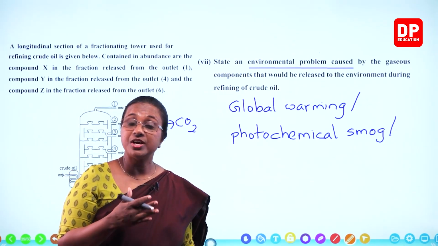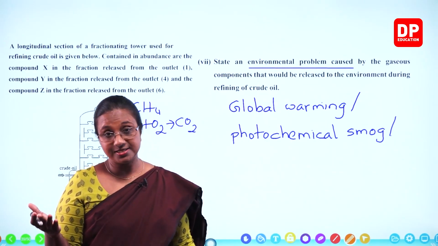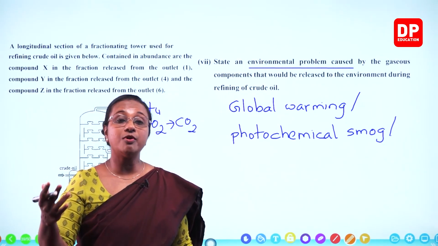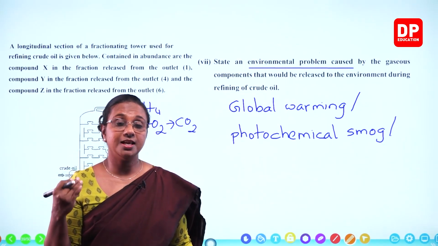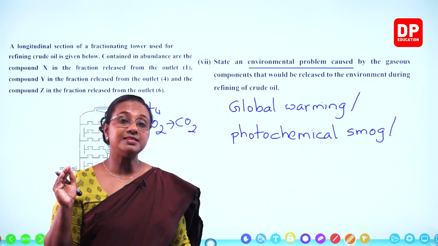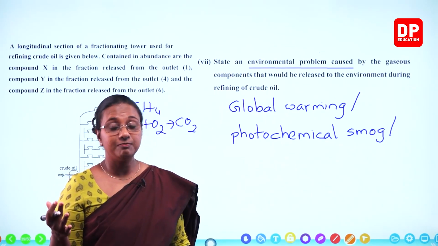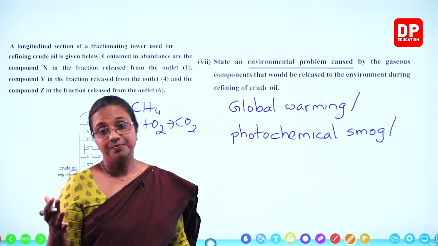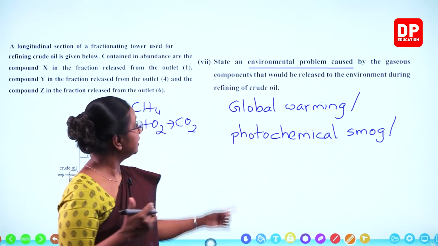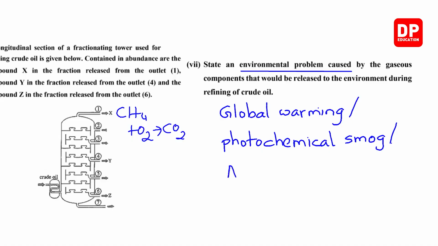So, sulfur dioxide we discussed is a primary pollutant. Sulfur trioxide is a secondary pollutant. Sulfur trioxide can dissolve in water forming sulfuric acid, H2SO4. Now, these two, sulfurous acid, sulfuric acid, they are all strong acids and they contribute to acid rain. That is also another environmental problem that can be caused, acid rain.